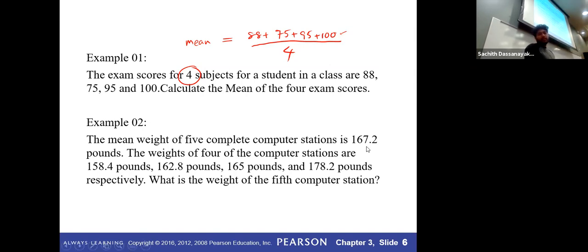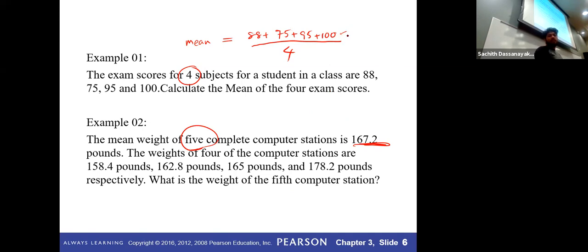Second example, very similar. You have 5 weights. Okay, you need to find the fifth one. They have given the total weight, still you have to apply the same formula.